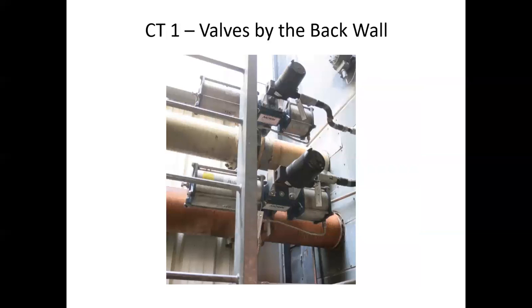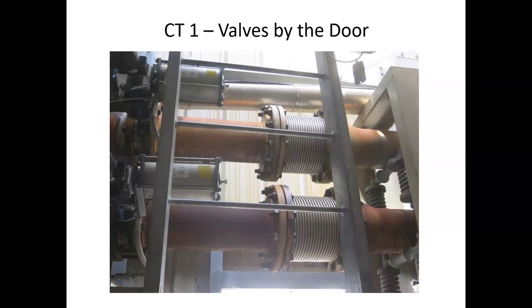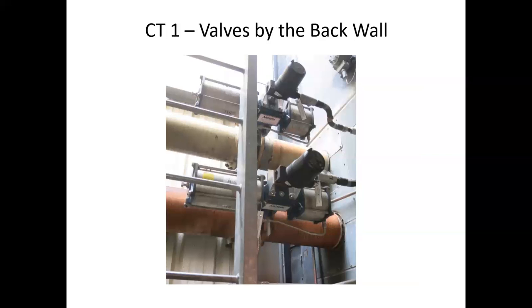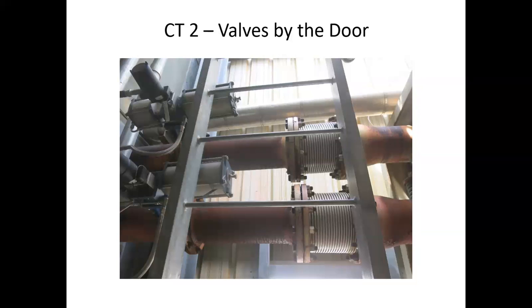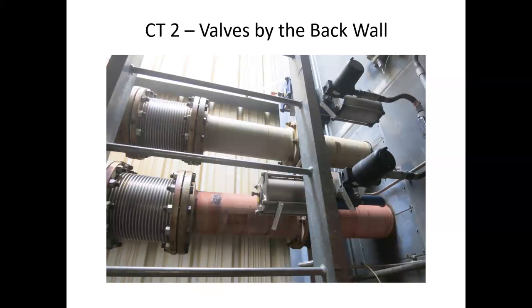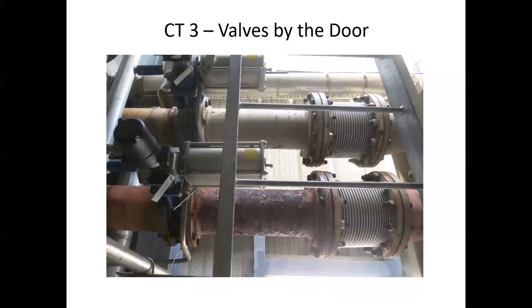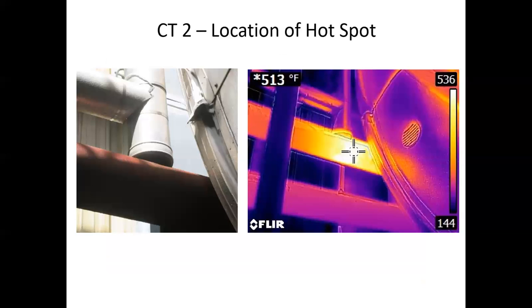This is CT1. It's been a little while since I looked at this. CT1, valves by the door, CT1, valves on the back wall, CT2 likewise, and CT3. So we've got 6 of these. Oh, I'm sorry, it wasn't 300 degrees. It was 513 degrees. And you're sitting there looking at that. This is what the infrared camera showed.